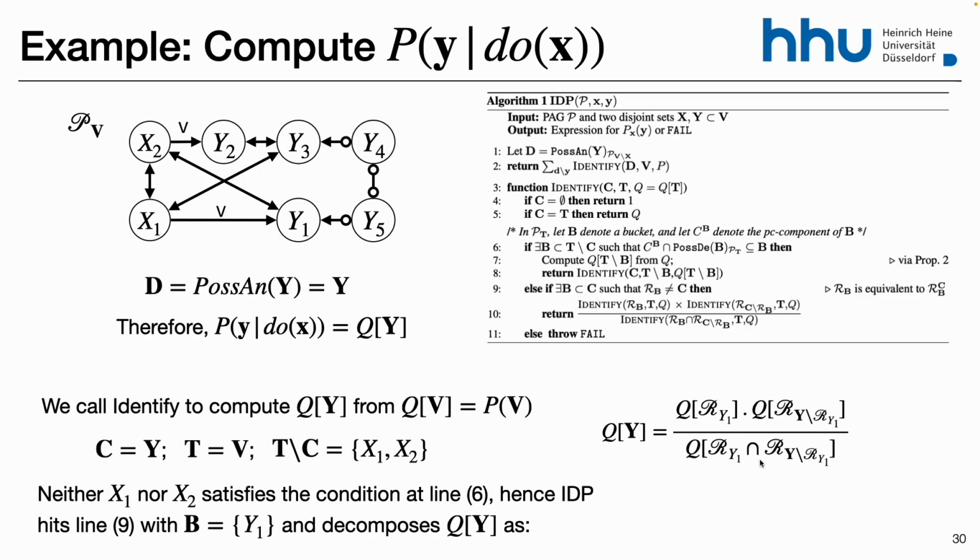I need a bucket on the Y such that the region of B is different from the entire C. We computed already the region of Y, and we know that it's not the complete Y. Actually, it was Y1, Y4, and Y5. This decomposition we saw in some slides ago, and the condition here is fine, right? The region of the bucket is not the entire C. If it was, it would fail, and then it means that the effect is not identifiable. But here it's not the case.